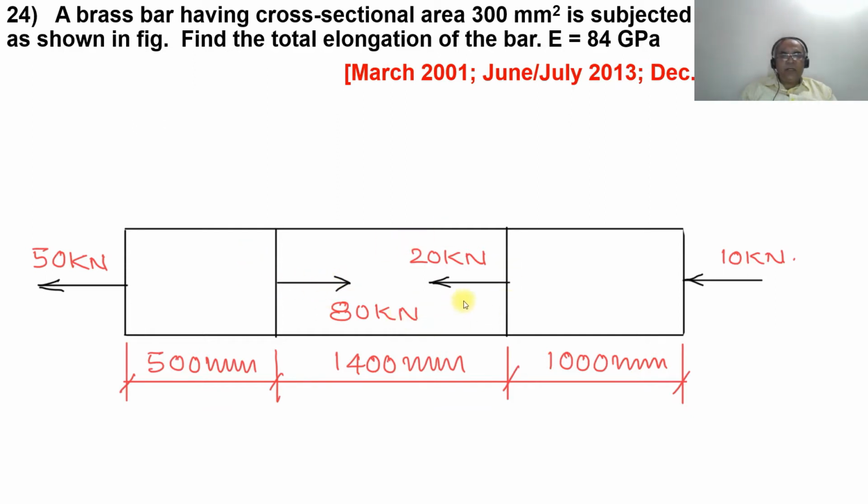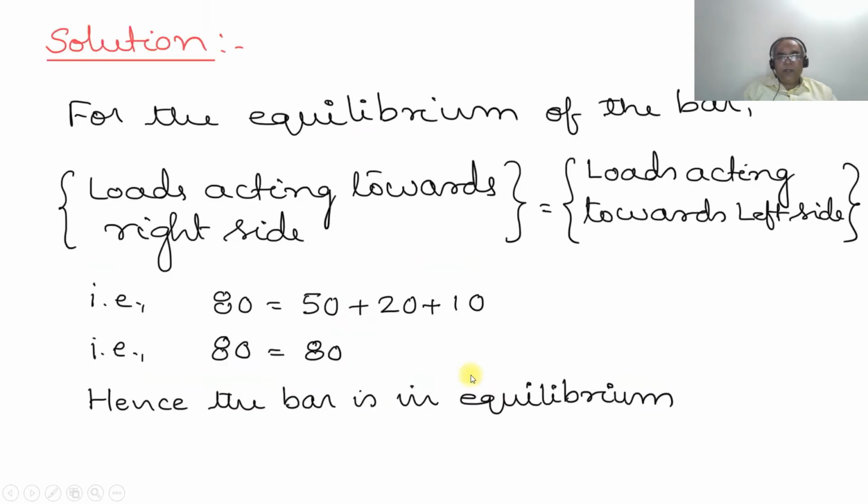At the end of the second segment you have 20 kilonewton towards the left side, and in the third segment you have 10 kilonewton towards the left side. The first segment has 500 mm length, the second segment has 1400, and the third segment has 1000 mm. Now first we need to find the solution.